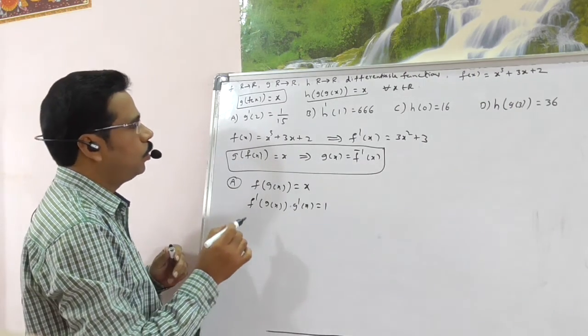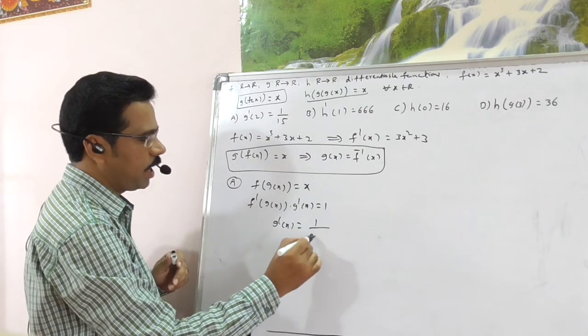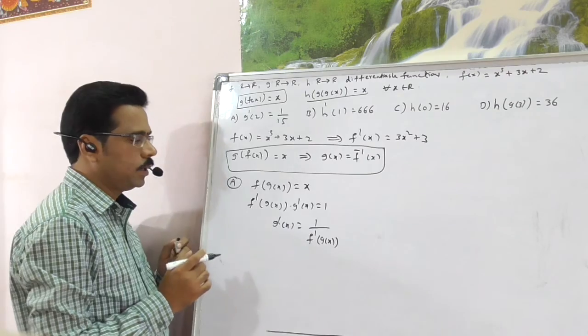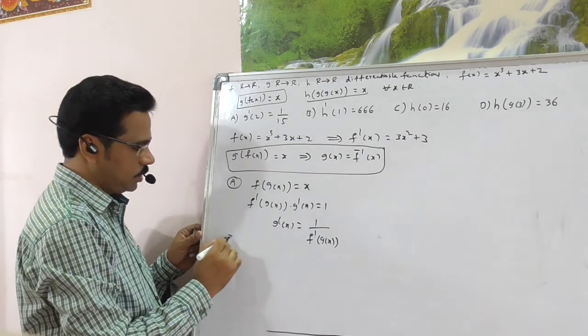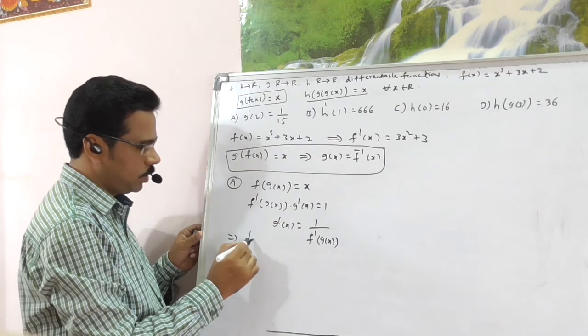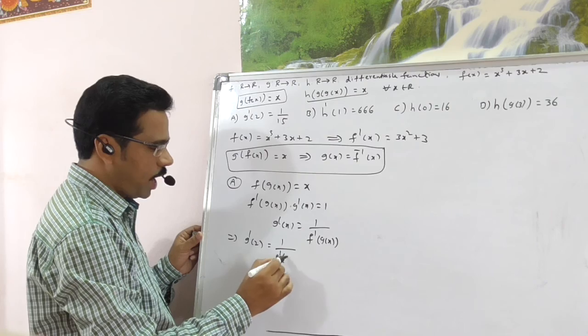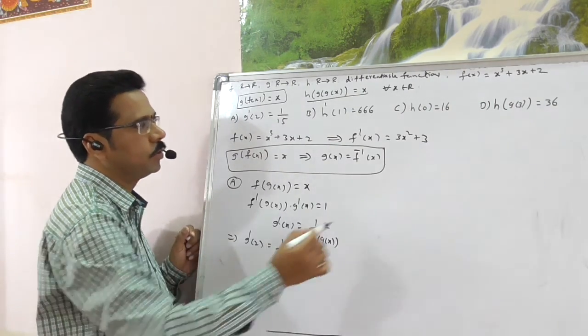Now g dash x is equal to 1 by f dash g of x. Here we have to calculate g dash 2, that is g dash 2 is equal to 1 by f dash of g of 2.